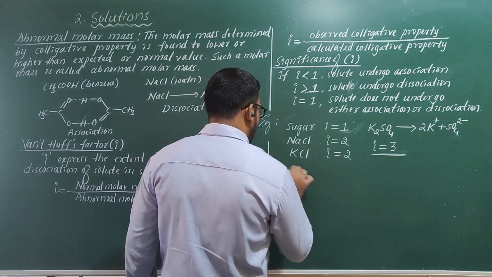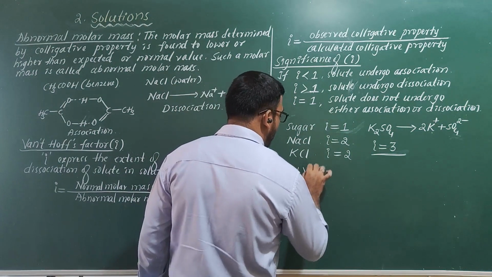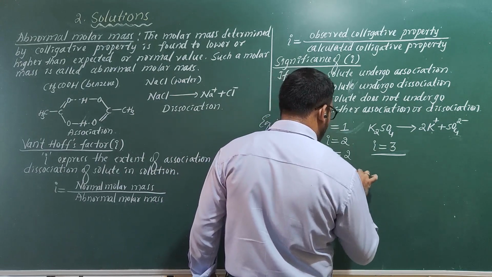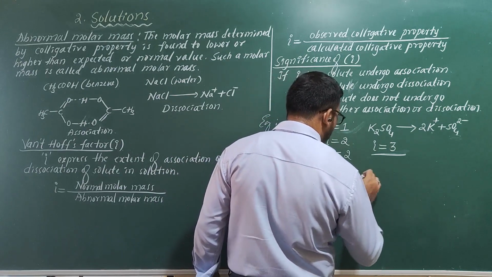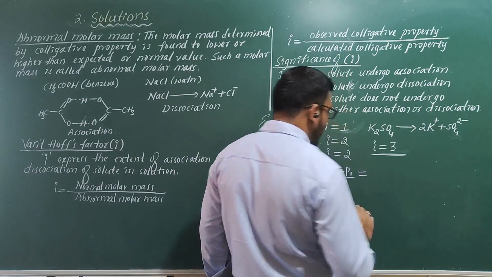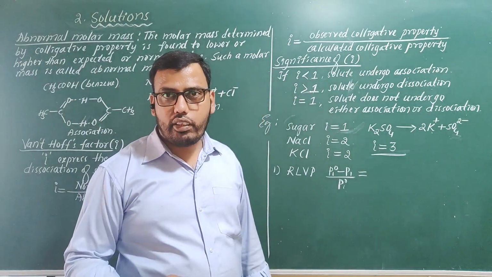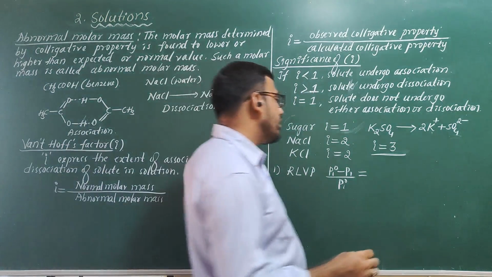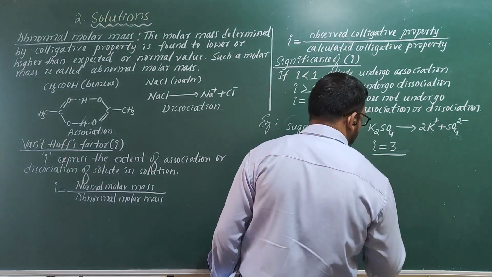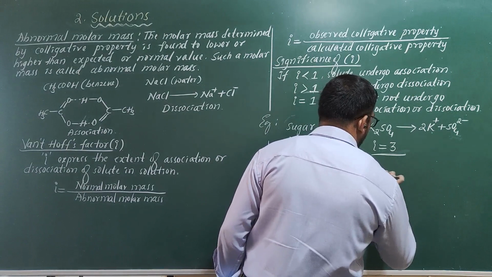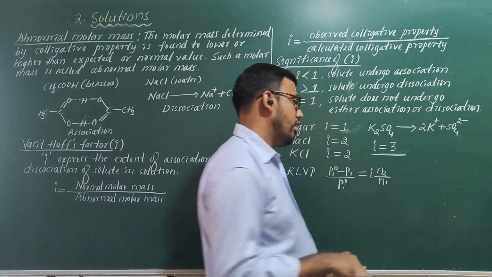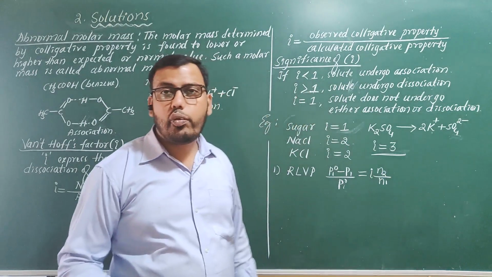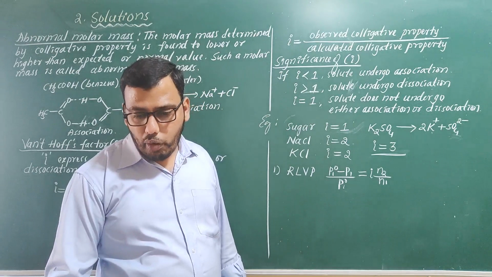For example, in the relative lowering of vapor pressure problem, we have seen that (P1 naught minus P1) divided by P1 naught is equal to n2 divided by n1, or W2 M1 divided by W1 M2. Just multiply the right hand side by the i value, if it is given in the problem.